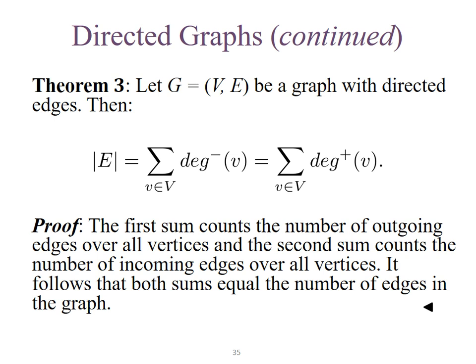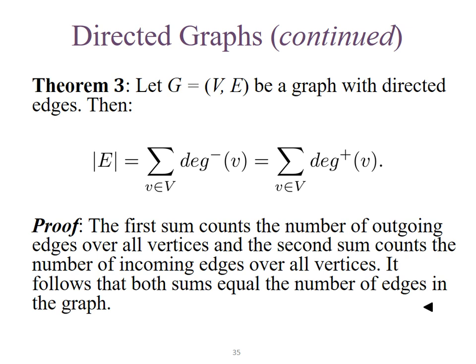Then we can apply the previous theorem again. Previously we had undirected graphs, so we were not separating the summation of degree of vertices by in degree or out degree. But here we can see theorem 3: the summation of in degree equals the summation of out degree equals the total number of edges.